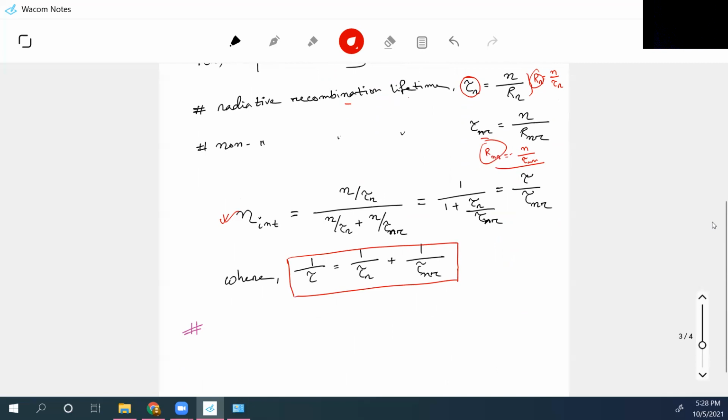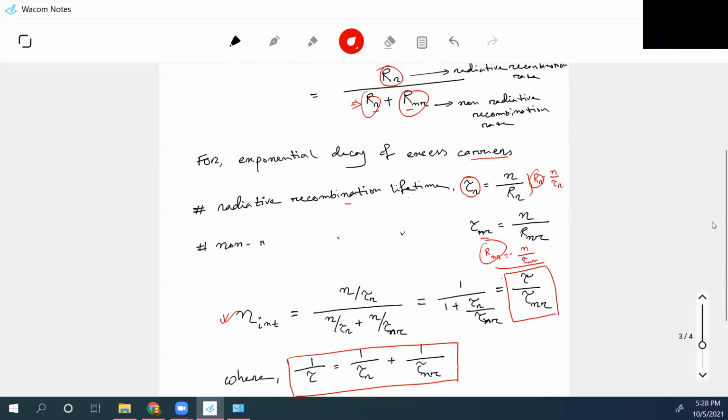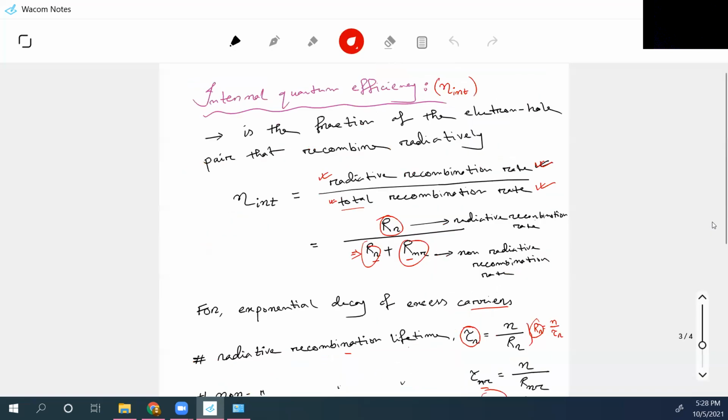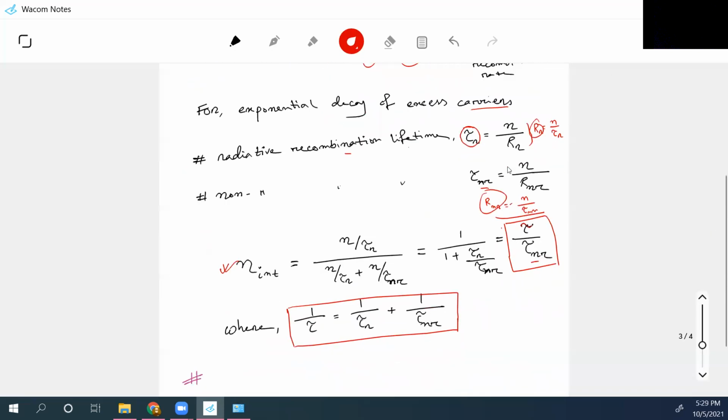The internal efficiency is expressed by this equation, where tau is the total carrier lifetime, and tau nr is the lifetime for the non-radiative carrier.